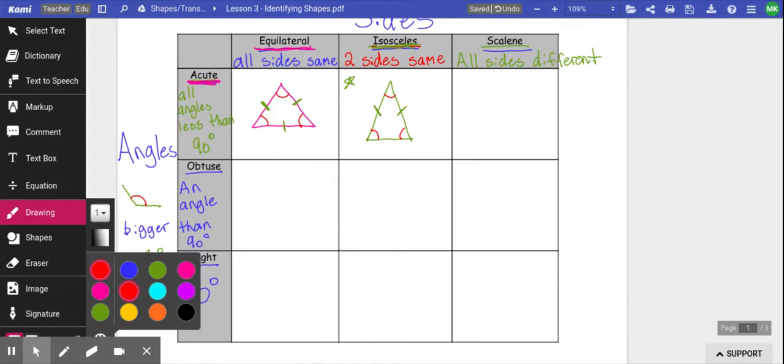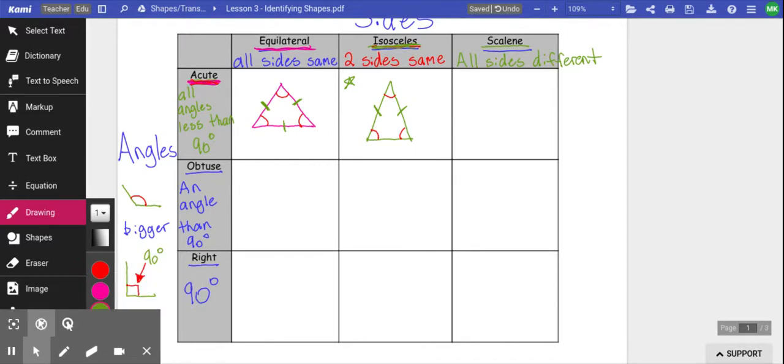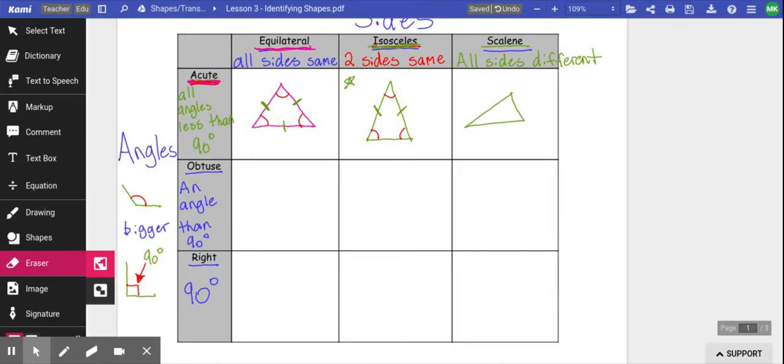Wonderful, scalene. Now we want to create a triangle where all sides are different, and we want it to have all acute angles. So that means less than 90. If we want to do that, we could draw a nice long side like that. And then we could draw a small side out like that, and then over like that. That looks pretty close to isosceles, to be honest.